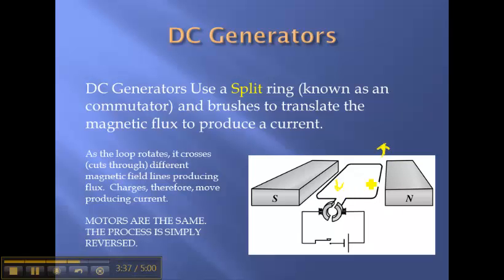At that point, whenever it's going across this field, it's going to have the most amount of field lines cut, because remember, the magnetic field is moving from north to south always, and because these lines are going this way, and if this loop is going up and down, it's going to cut perpendicular across these. That's whenever you generate the most amount of electricity and most amount of flux. That produces a current, and if it's this type of generator, it's a direct current.